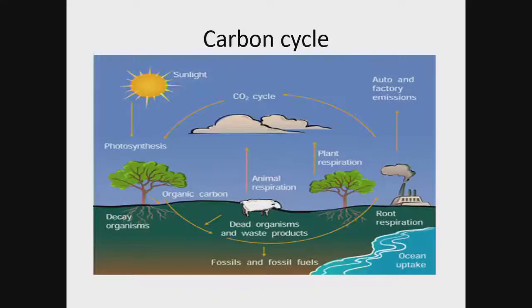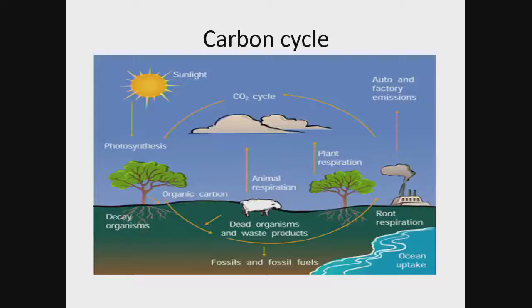In the cells, this glucose combines with oxygen, respiration occurs and carbon dioxide is produced. Carbon dioxide is excreted out of the animal body, and when the animal respires, it releases carbon dioxide. So we have carbon dioxide going back into the atmosphere.